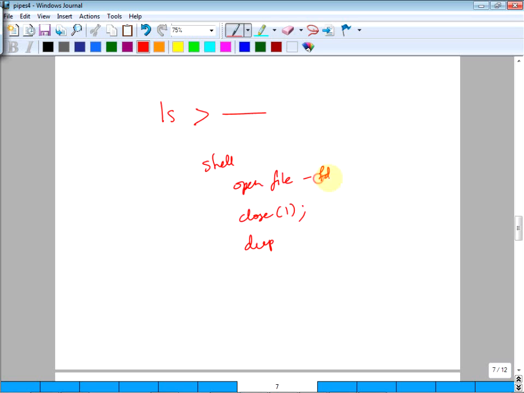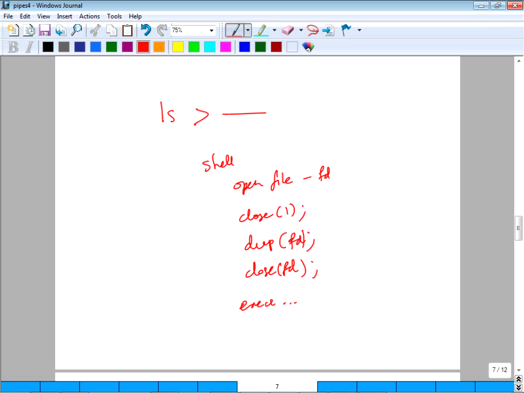So you get an FD, some descriptor, dup the FD, close the FD, then exec. That's what will likely happen. Then for that ls command, or any command, it will just write to standard output and it goes wherever it goes. The shell does all this configuration, then it invokes the command.